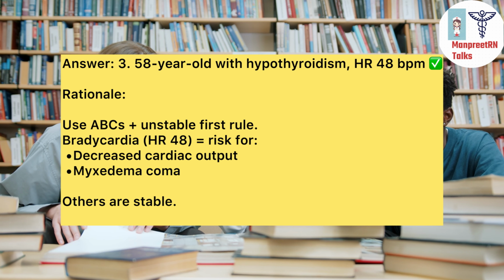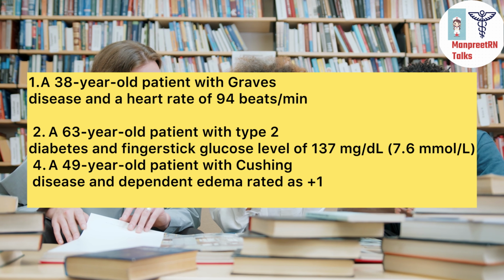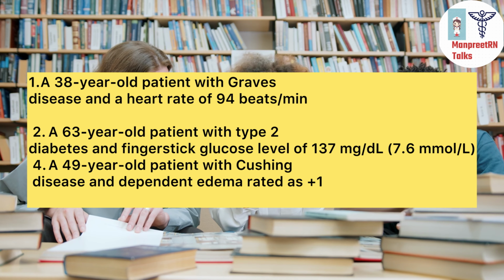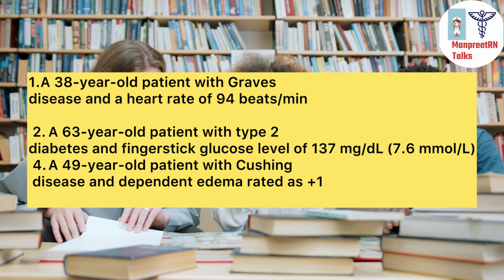Patients with Graves disease usually have a rapid heart rate, but 94 beats per minute is within normal limits. The patient with diabetes may need sliding scale insulin dosing, so this is not urgent. The patient with Cushing disease frequently has edema, so it is also not a priority. So option three will be the priority.